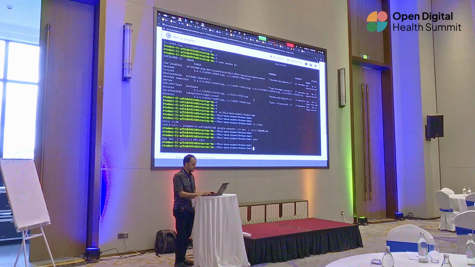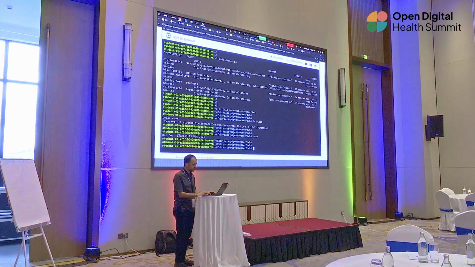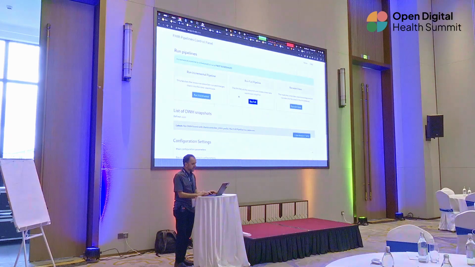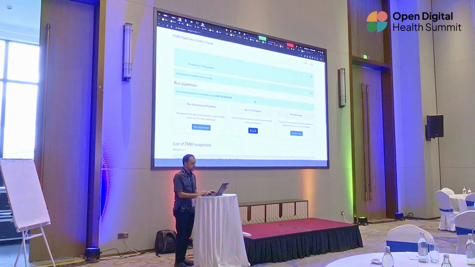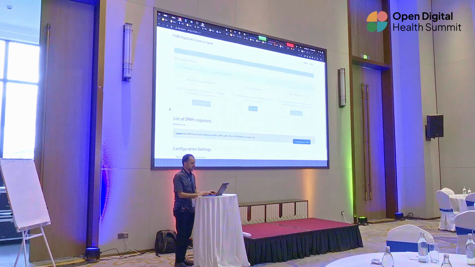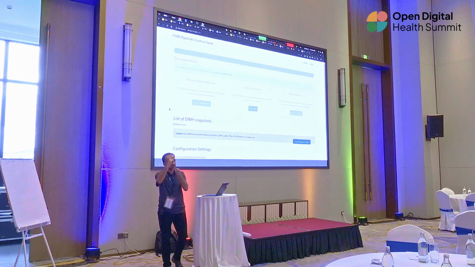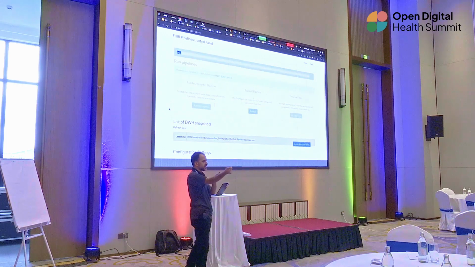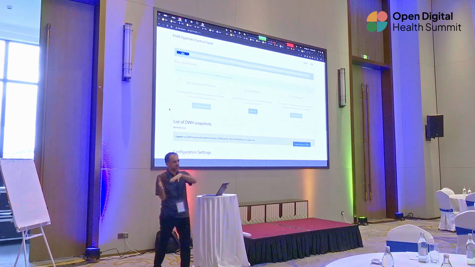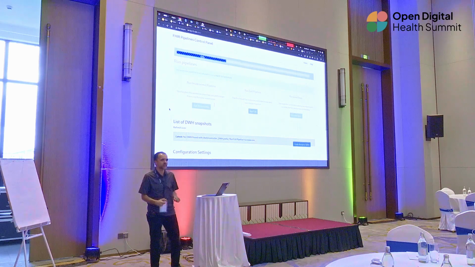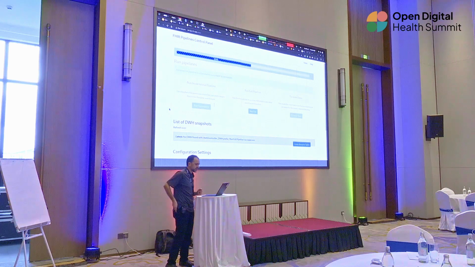The date is December 1st, 12:43:13. Now if I do the full run, I see the pipeline is starting. What it is doing now is fetching all the resources from the FHIR server, converting them to Parquet format, and then storing them on the disk.